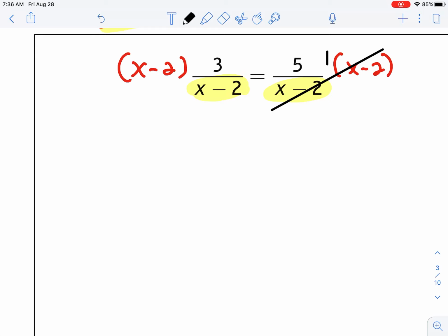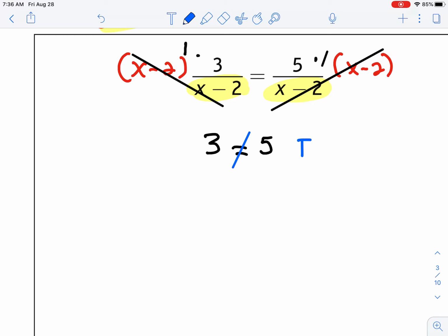Anything divided by itself is 1. Again, anything divided by itself is 1. So we get 1 times 3, which is 3. And then we're going to set that equal to 5 times 1, which is 5. 3 equals 5. We lost our variables, didn't we? Well, when this happens, it's okay, because we would just say, you know what, 3 does not equal 5.